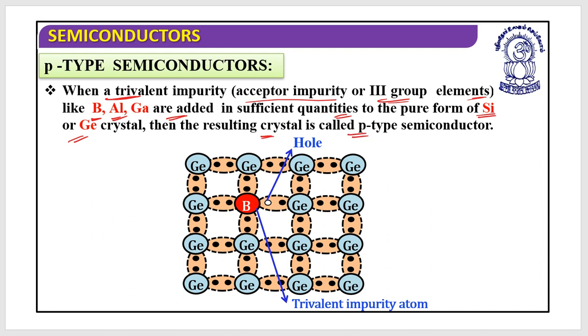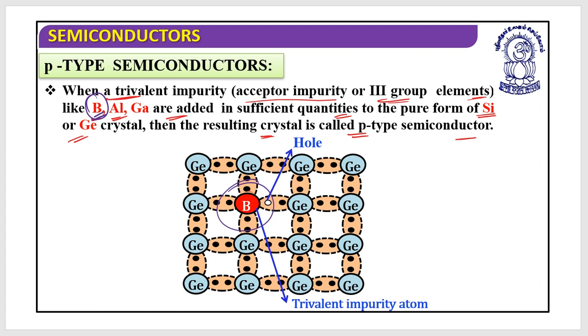Then the resulting crystal is called a p-type semiconductor. As you can see, one of the boron elements has been added to the crystal. Sorry, this is boron, my mistake.